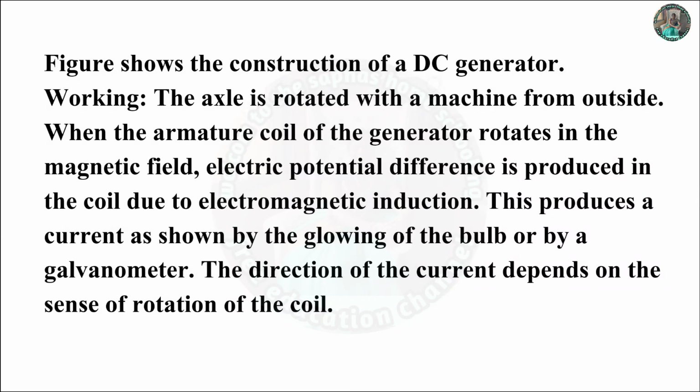The figure shows the construction and working of a DC generator. The axle is rotated with a machine from outside. When the armature coil of the generator rotates in the magnetic field, an electric potential difference is produced in the coil due to electromagnetic induction. This produces a current, as shown by the glowing of the bulb or by a galvanometer. The direction of the current depends on the sense of rotation of the coil.